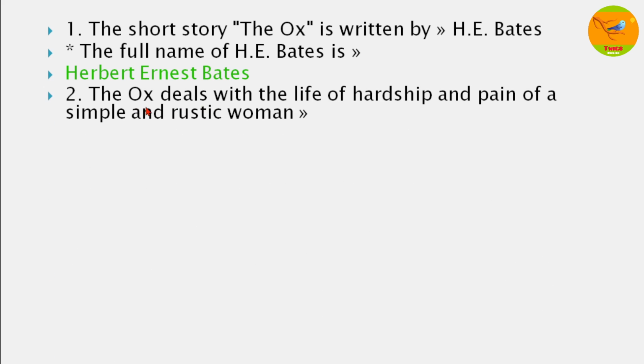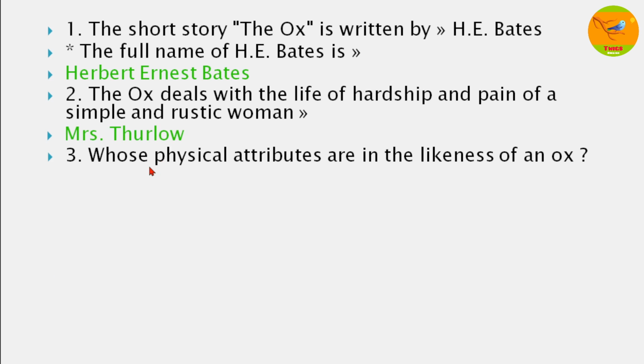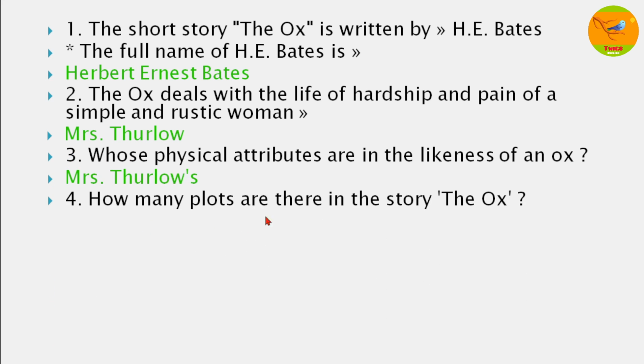Next, The Ox deals with the life of hardships and pain of a simple and rustic woman. She is Mrs. Thurlow. Next, whose physical attributes are in the likeness of an ox? Here the right answer is again Mrs. Thurlow. Next, how many plots are there in the story?